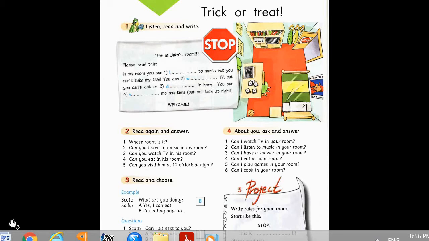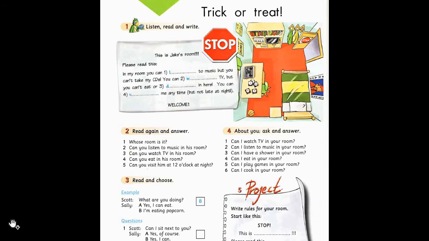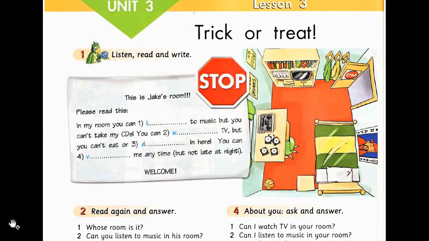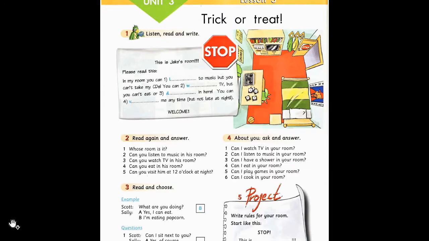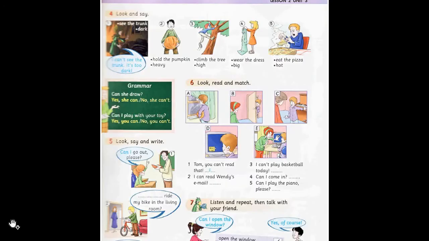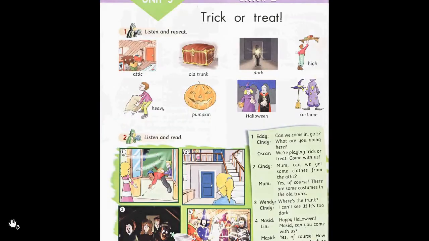Please open your student book to page number 20, and it's unit number 3, Trick or Treat. Okay, before we start today's program, let's have a look at the previous things you learned.